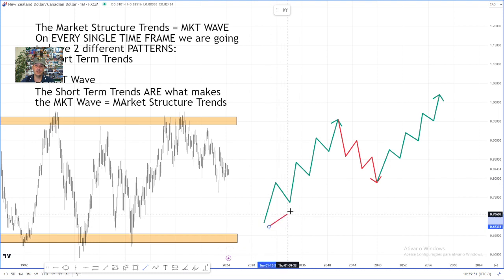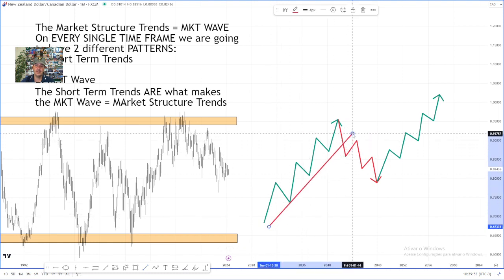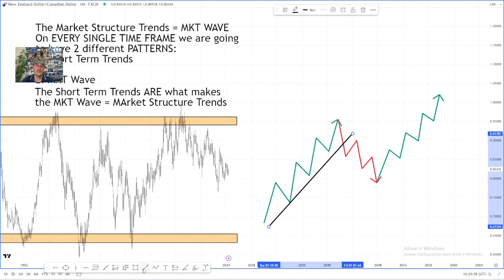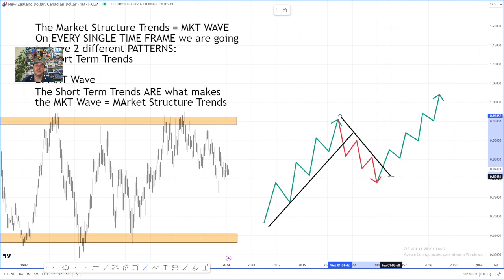We didn't learn it yet, but you can confirm the uptrend with the trend line, which we're going to delete nonetheless. Then you have the red downtrend, which you can confirm with the downtrend line. And when the market breaks the downtrend line and goes into an uptrend, you have another uptrend line.